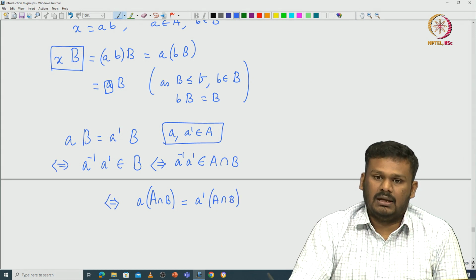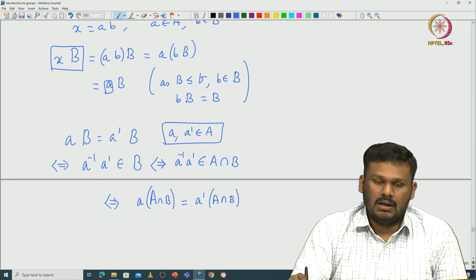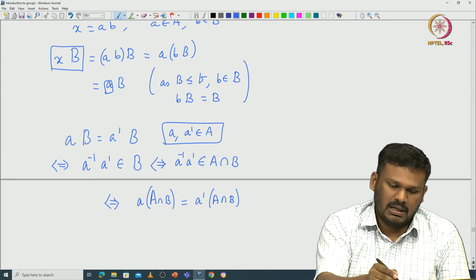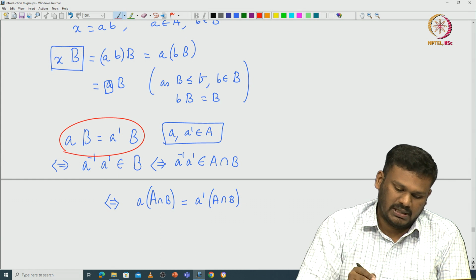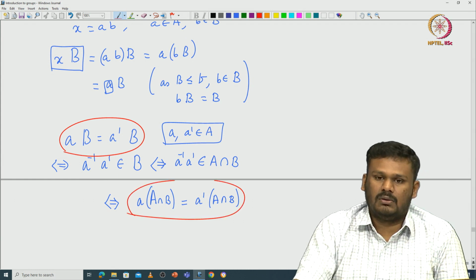So, in a way you are relating these two cosets being equal to these two cosets being equal.